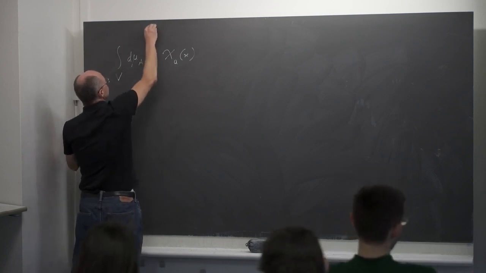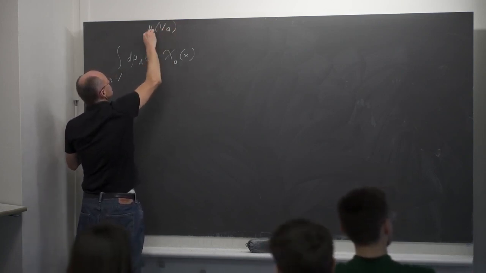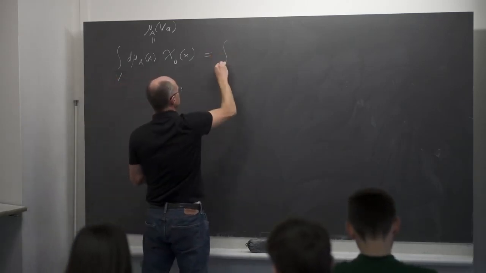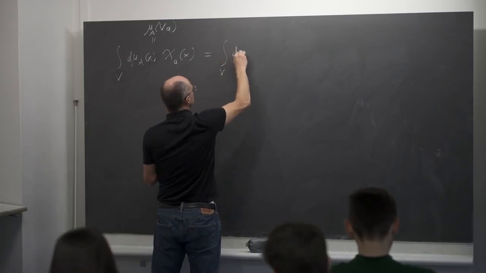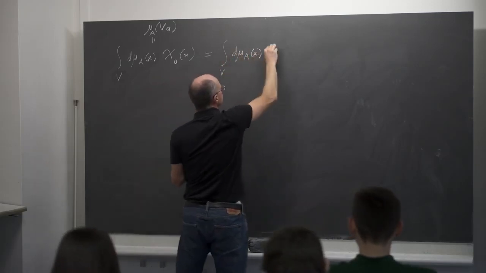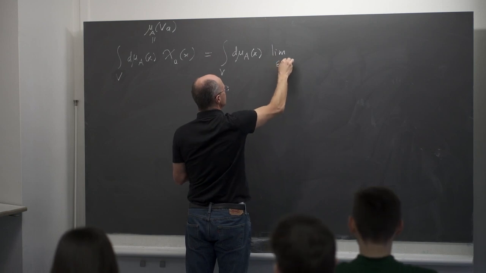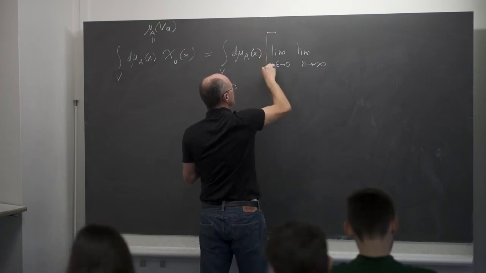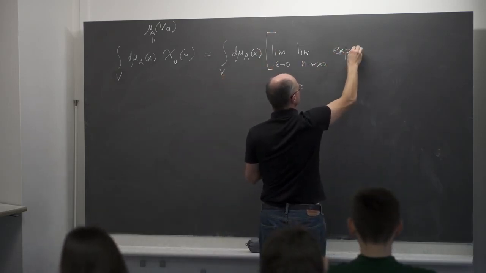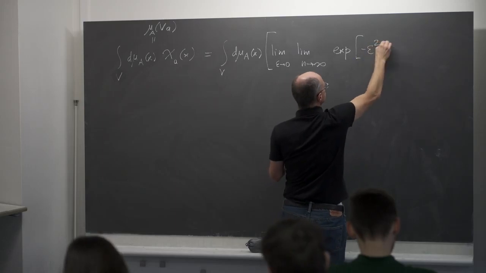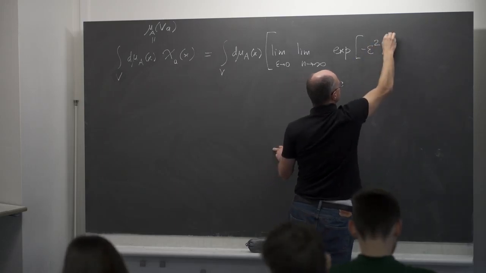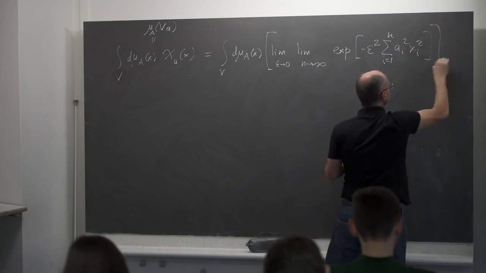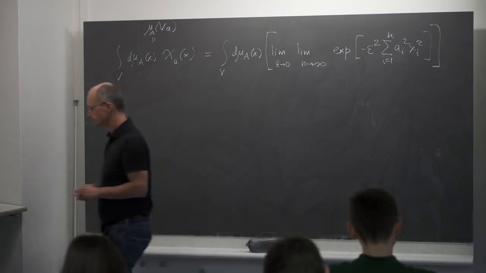So this is equal to the integral over V d mu_A of x, and now the limit epsilon to 0, limit n to infinity, and this exponential.